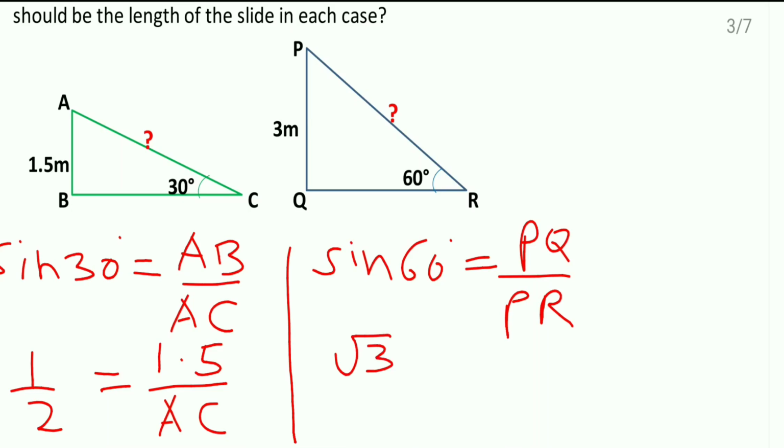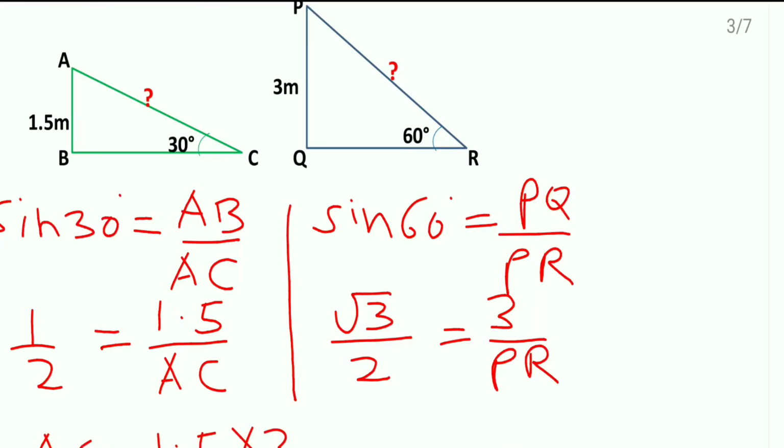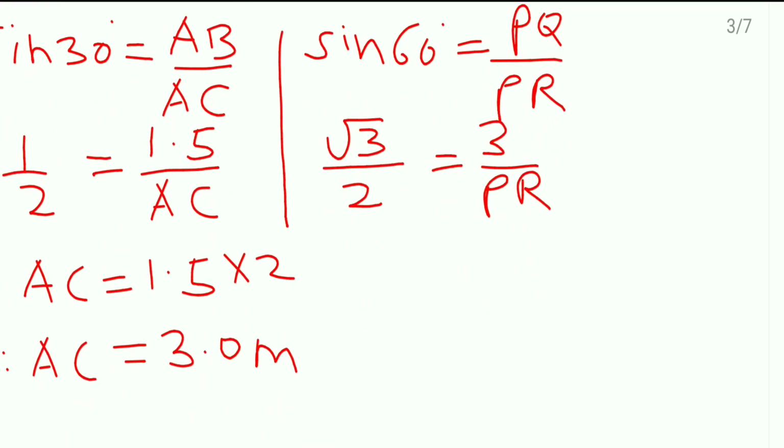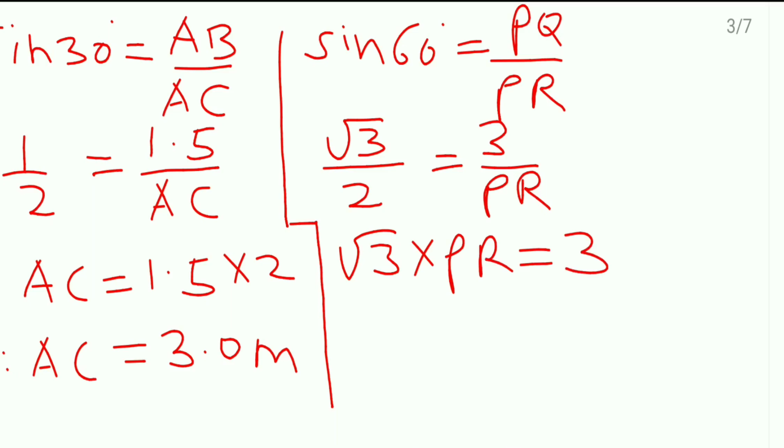Root 3 by 2, which is equal to 3 divided by PR. Once again here, we'll do the cross multiplication. So root 3 into PR is equal to 3 into 2. So PR is equal to 6 by root 3.